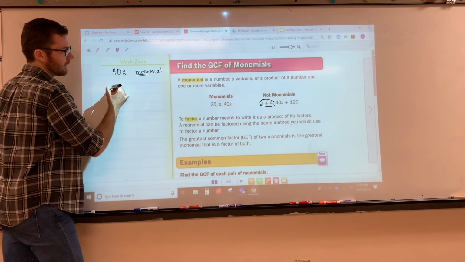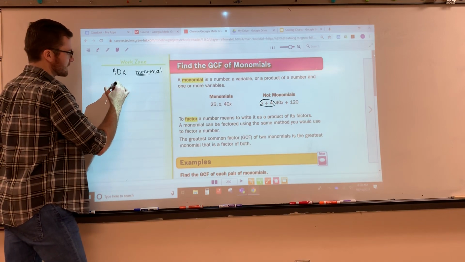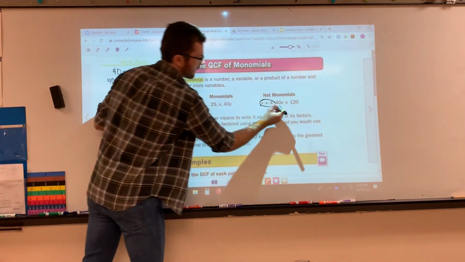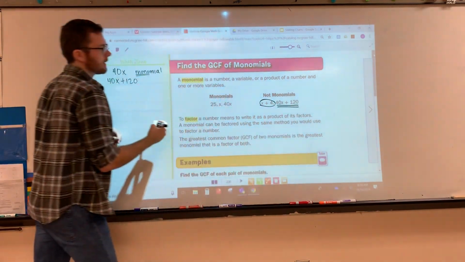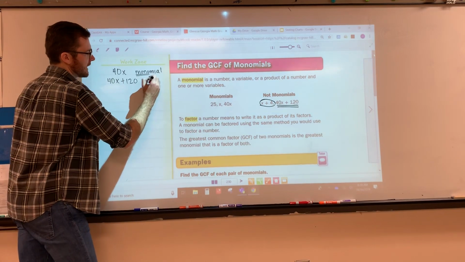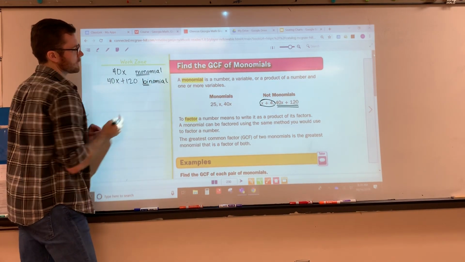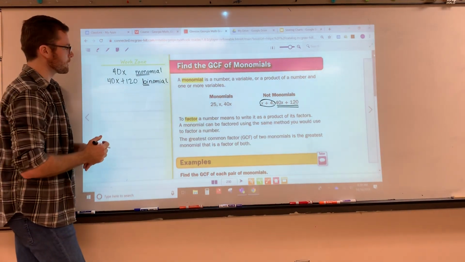So if we have a linear expression that has 2 terms, 40x plus 120, like right here, that is called a binomial. Bi means 2, like a bicycle has 2 wheels.